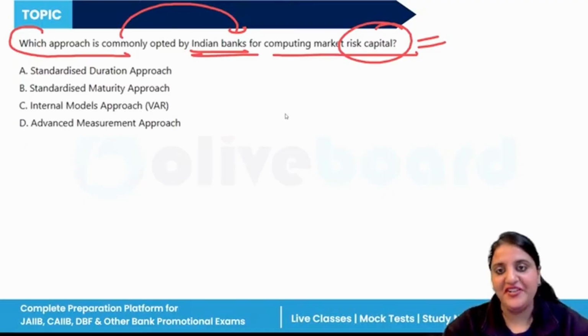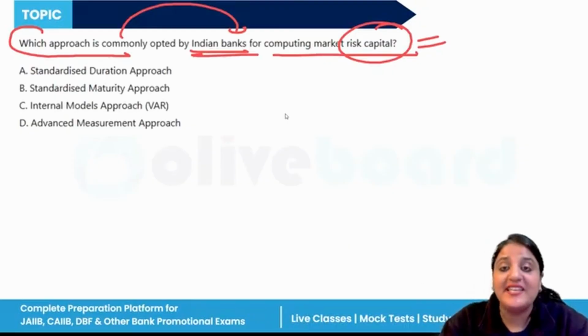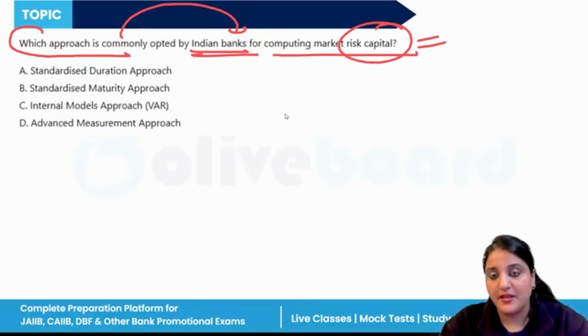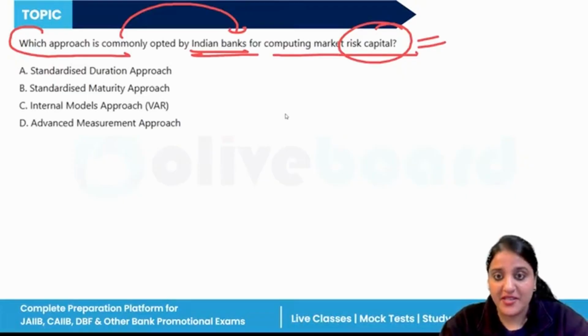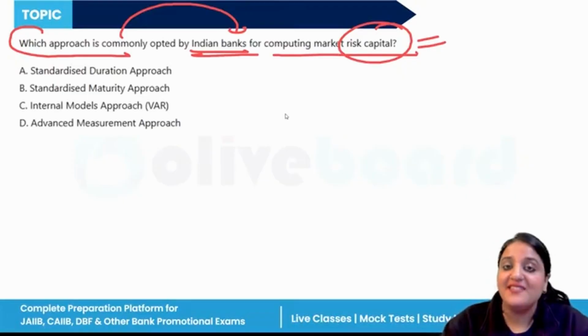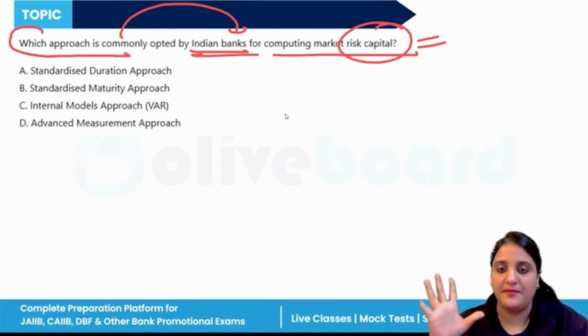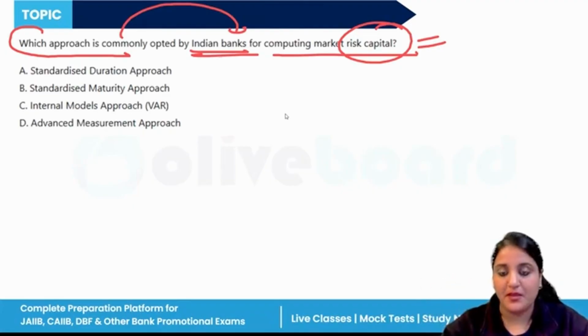Imagine you are working in the Treasury Department at a large Indian bank. RBI says you have to calculate the capital for market risk. The treasury team asks, should we use a complex internal value at risk model or the standardized approach? Most Indian banks prefer a simple regulatory method that is called the standardized duration approach.